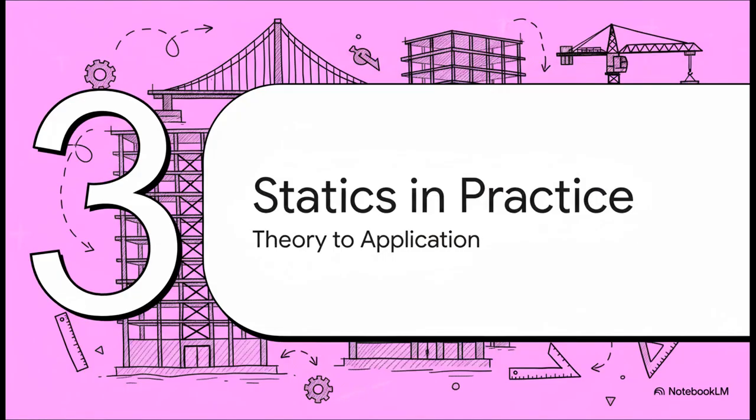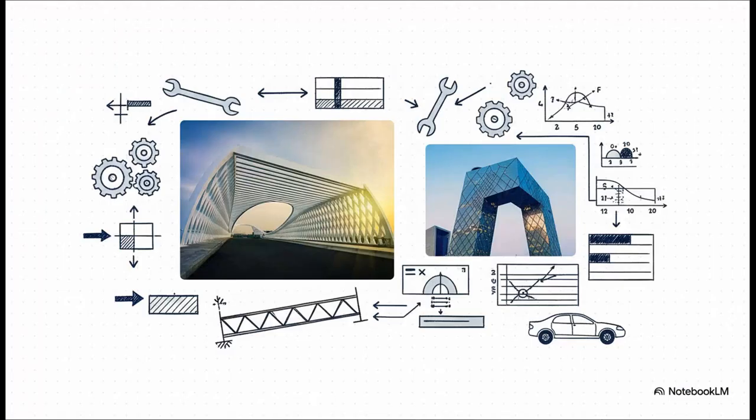So let's connect the dots. How does all this theory actually play out in the real world of an engineering career? The short answer is, it's everywhere. The principles you're about to learn are the foundation for the design of giant skyscrapers and massive bridges, for sure, but they're also crucial for the car you drive, the machines in a factory, pretty much any mechanical system.